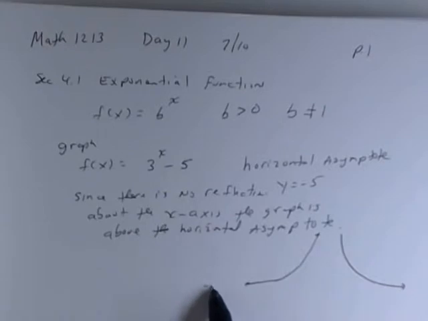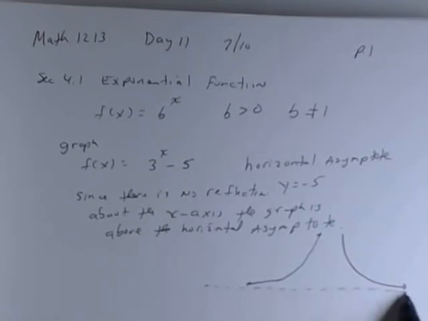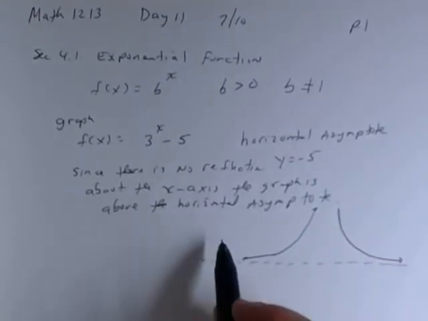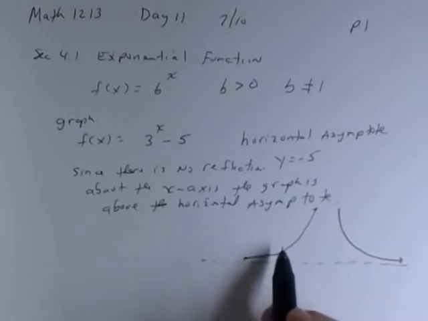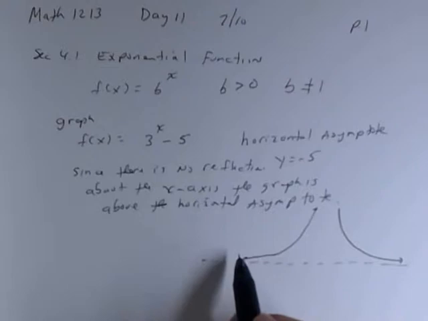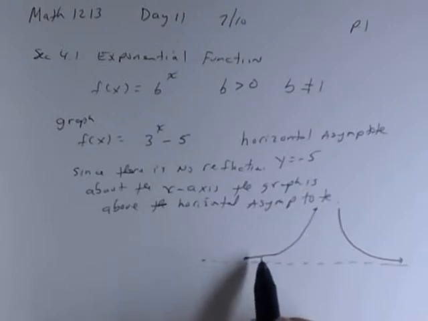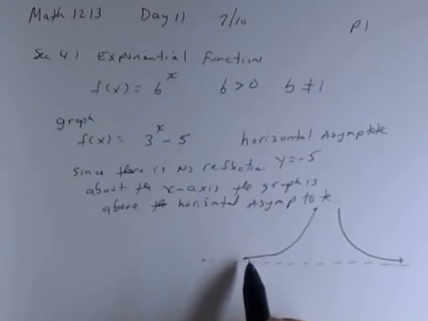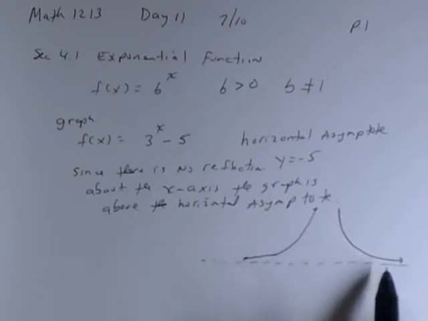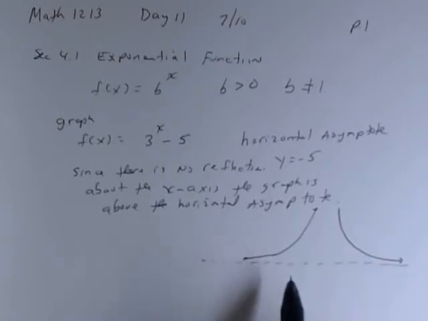All of these go towards the horizontal asymptote. Will it ever cross a horizontal asymptote? Do you remember what we said? It will not cross or touch the horizontal asymptote. It'll get close to it, but not touch it.